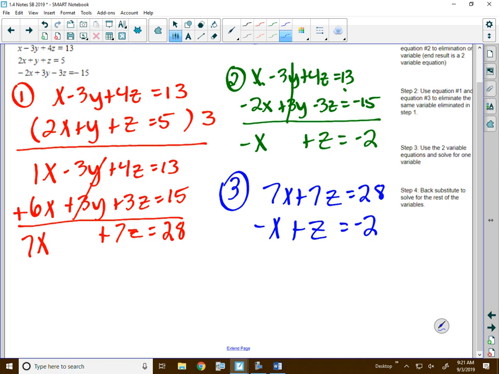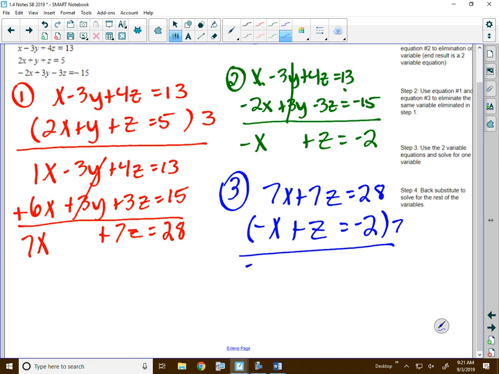Are we ready to eliminate a variable? Not quite yet. What do we need to do? Okay, say we want to cancel out the x's because they have an opposite sign. We would need to multiply this row by 7.